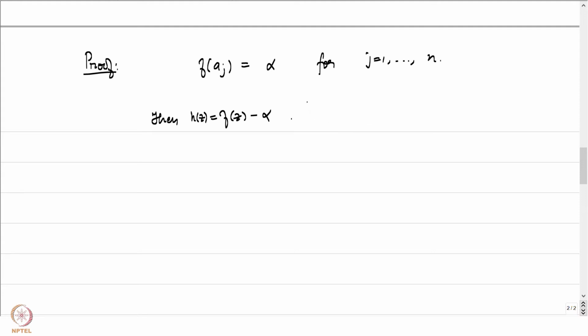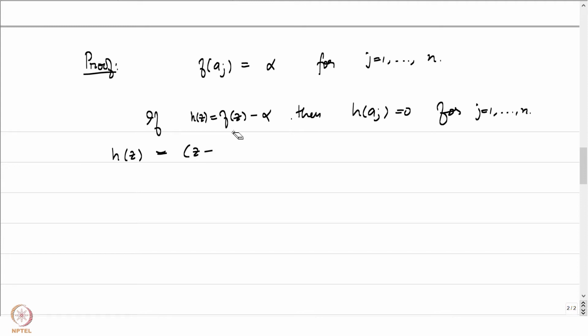Then h of aj is equal to 0 for j equal to 1 to n. And by what we have just seen, h of z is going to be equal to z minus a1 to the power m1 times g1 of z.